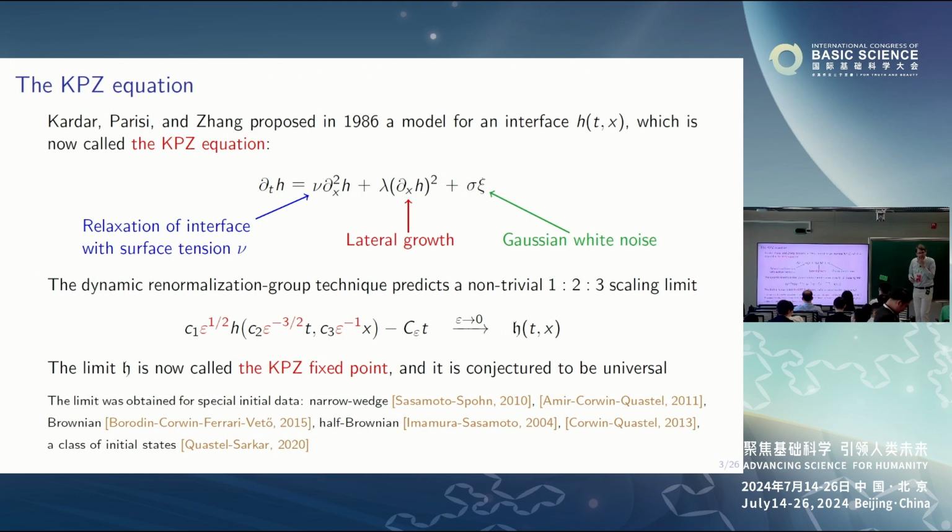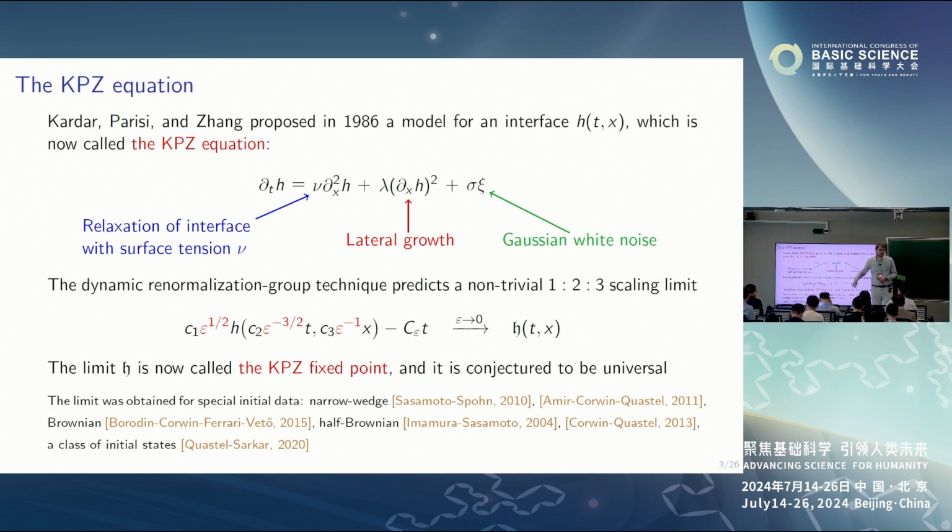The stochastic PDE has 3 terms on the right-hand side. The first term, the Laplacian, describes the smoothing mechanism of the interface. The random term given by the Gaussian space-time white noise describes short-range random perturbations of the interface.